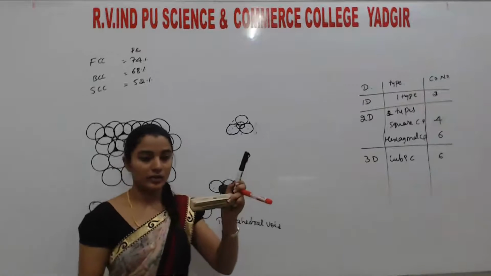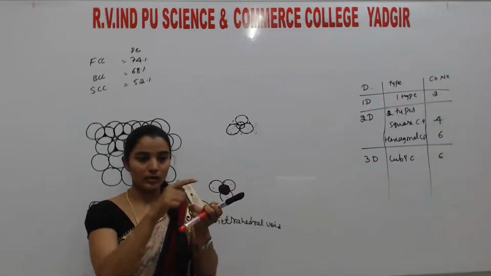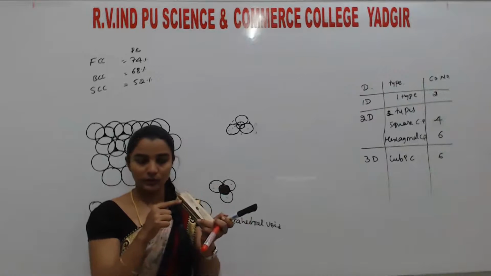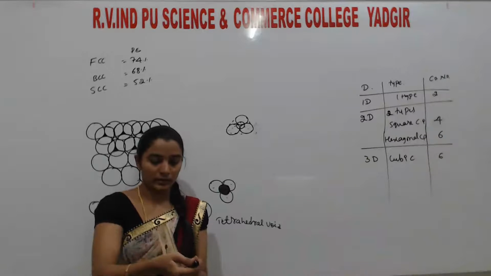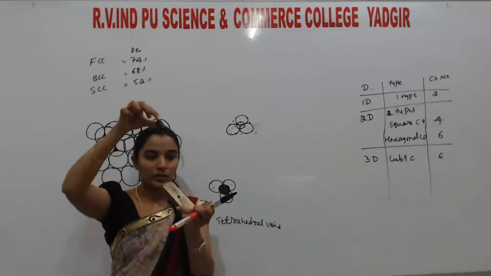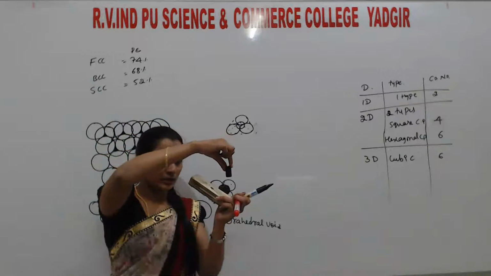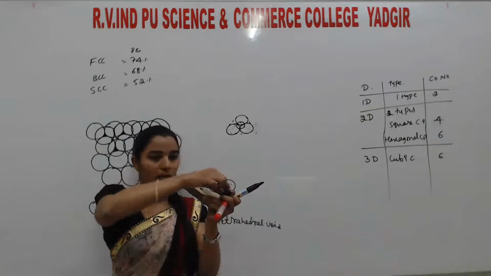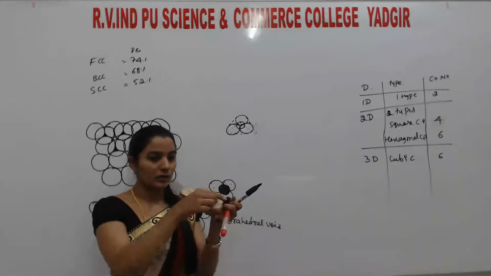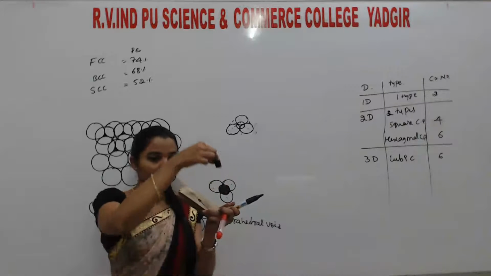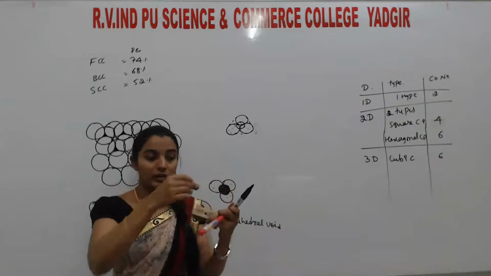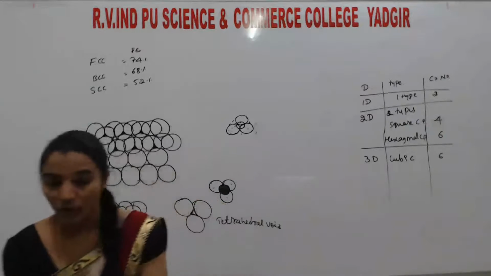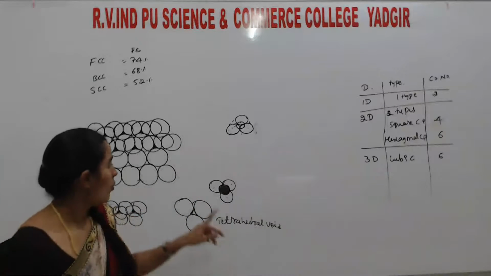They are arranged in this manner. 1, 2, 3. So another one, I'll just take this. This one is like this. This is closing the gap. These are in a different plane. This is like this, closing them. So they form a tetrahedral structure. That's why they are called tetrahedral voids.